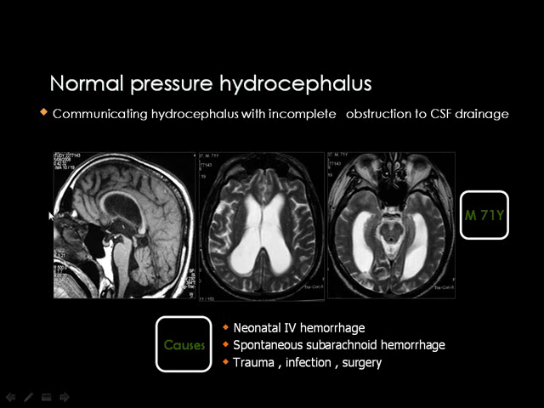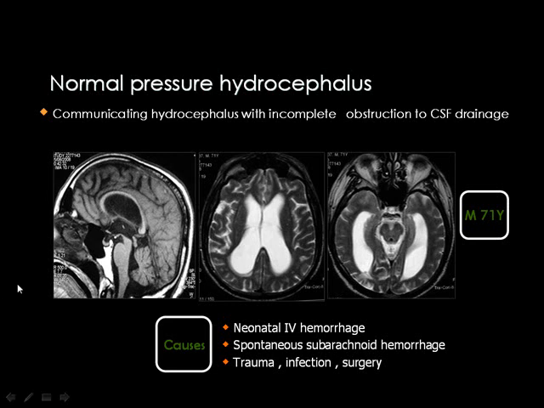But this condition is in between atrophy and hydrocephalus. You remember that in hydrocephalus, the ventricles are dilated and the cortical sulci are effaced. In atrophy, the ventricles are dilated and the cortical sulci are dilated. In normal pressure hydrocephalus, the ventricles are dilated and the cortical sulci are normal.